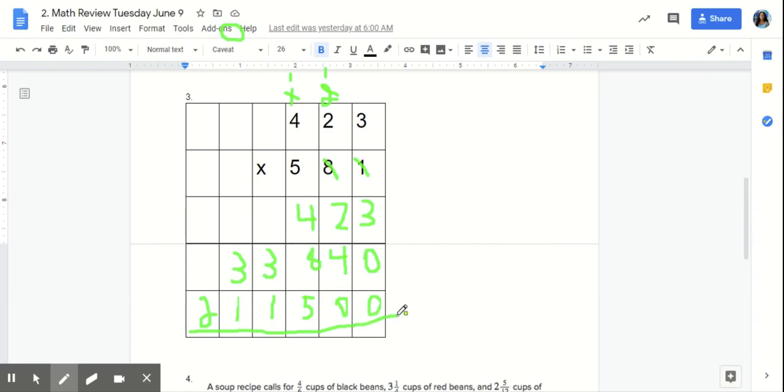So let's add that all up. Two plus 4 is 6. 4 plus 8 is 12. 12 plus 5 is 17. 1 plus 3 is 4. 4 plus 1 is 5. 3 plus 1 is 4.